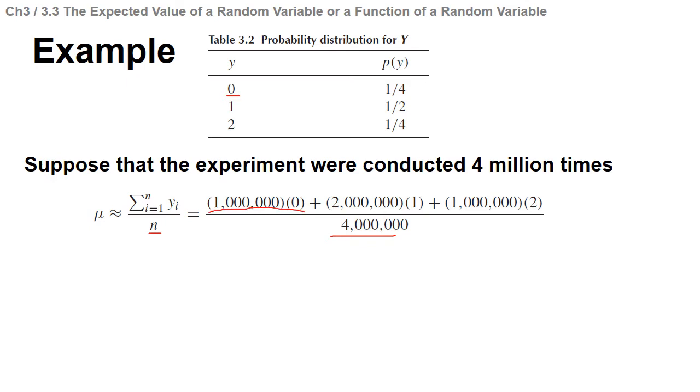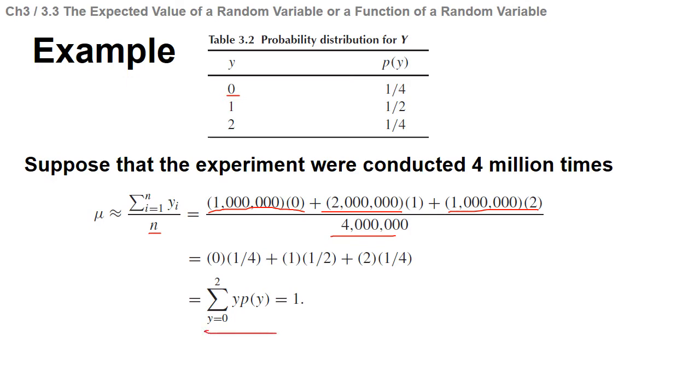Also, observing 1 is 2 million, and observing 2 would be 1 million. And actually this is the same as the definition of expected value, I mean the 3.1, the summation of y from 0 to 2 of y times the probability p(y).